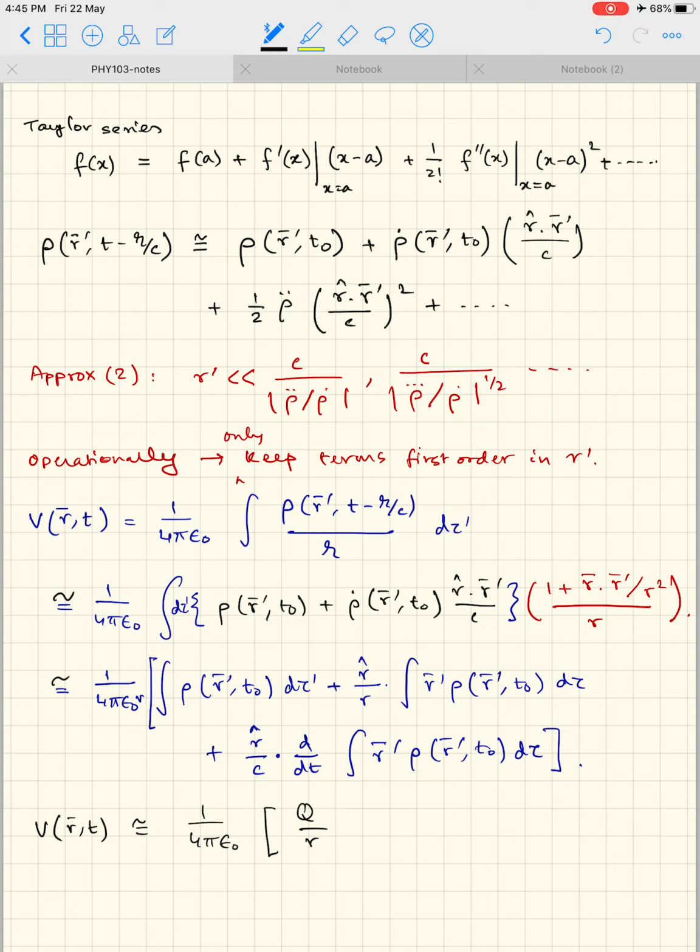The second and the third integrals represent the electric dipole moment at a time t naught.